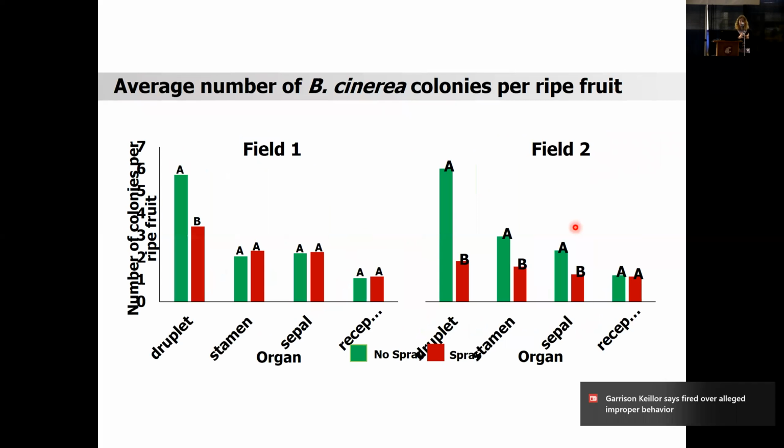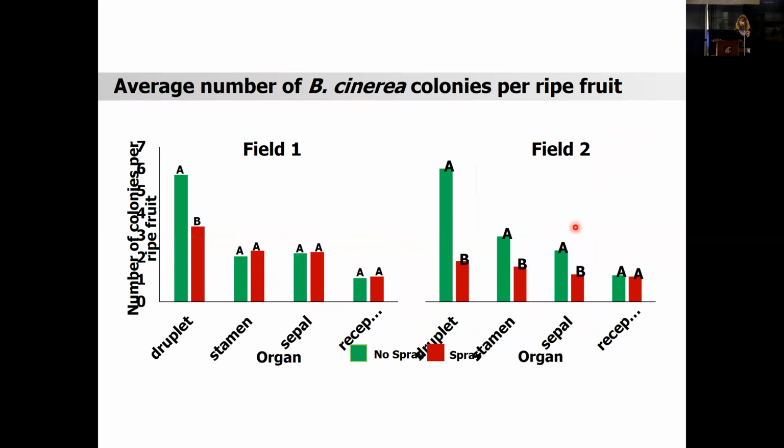If you look at the average number of colonies per one ripe fruit, so from how many places the fungus grew out of the fruit, in field number 1 and field number 2, we see that the number of colonies per one ripe fruit was significantly lower from the sprayed field, which is the red bars, compared to non-sprayed fields in both fields. And in field number 2, the effect was even much stronger. It was about 1 colony per ripe fruit from the sprayed field, compared to an average of 6 colonies in ripe fruit from the non-sprayed field, showing that fungicides do decrease colonization of ripe fruit.